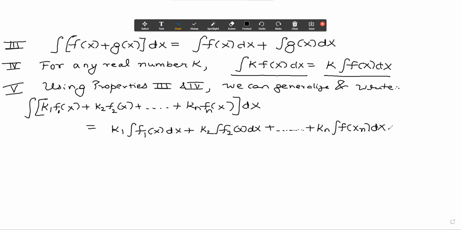So property 5 is something which we learn from properties 3 and 4.